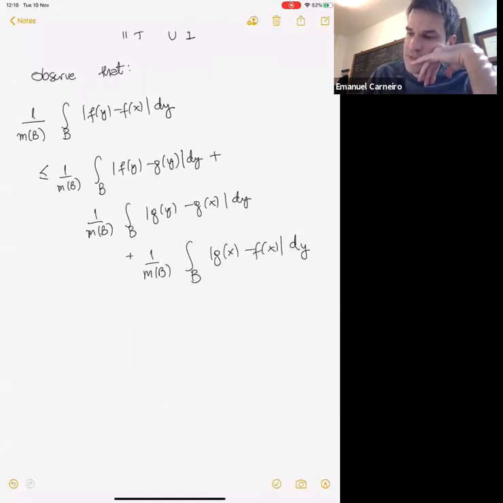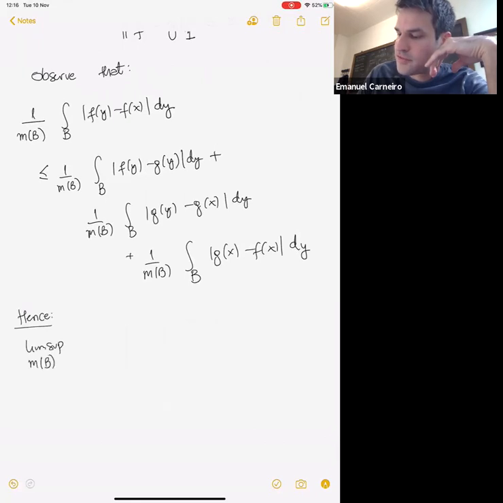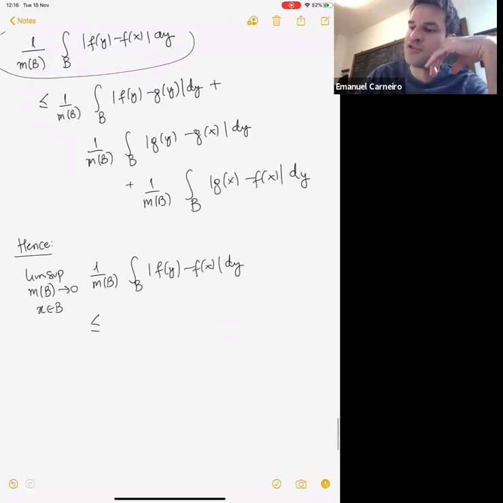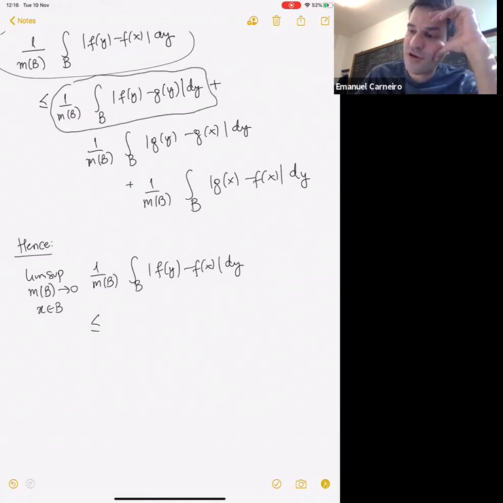With this in mind, let me compute now the lim sup when the measure of the ball goes to 0 and the point x is in the ball, of this thing here. So the lim sup of this thing is less than or equal to the sum of the lim sups of these 3 other things. First of all, this guy is an average of the function f minus g.